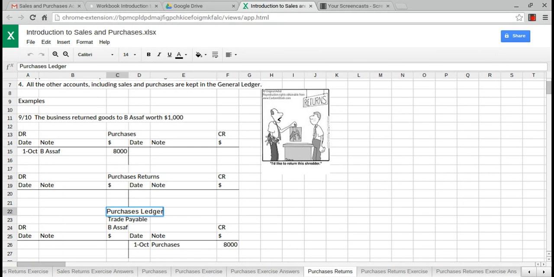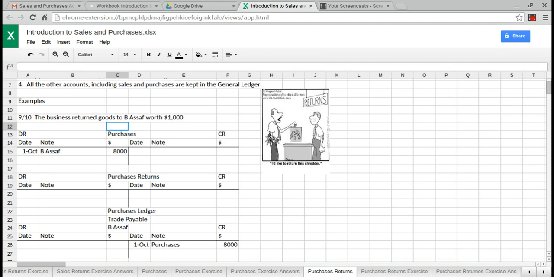As we said about the sales ledger, the purchases ledger would be a file or maybe a book, and that would contain literally just suppliers' accounts. So there'd be a BASF account, or if you bought goods from a man called Tom Smith, there'd be a Tom Smith account kept in there. You will find that where we've got computerized accounts, they still have a purchases ledger and a sales ledger.